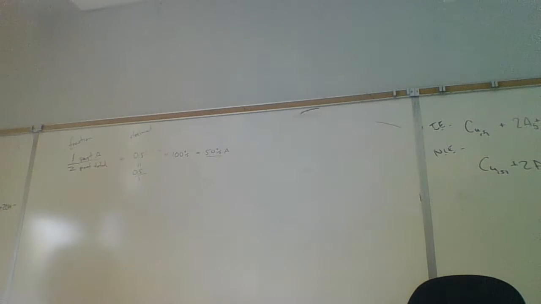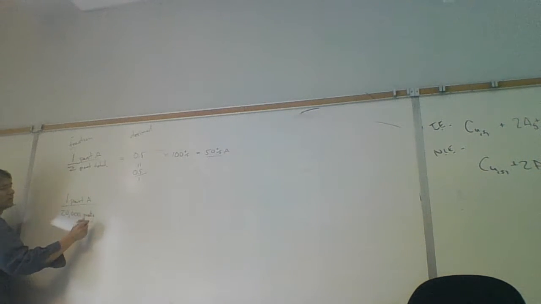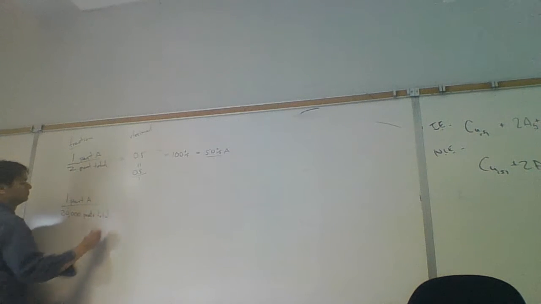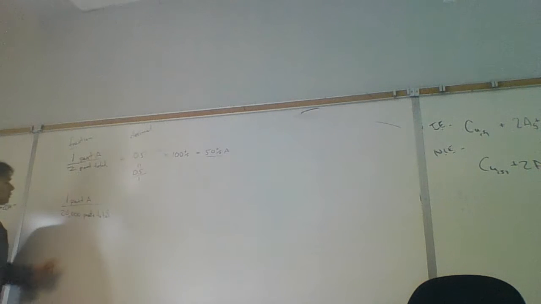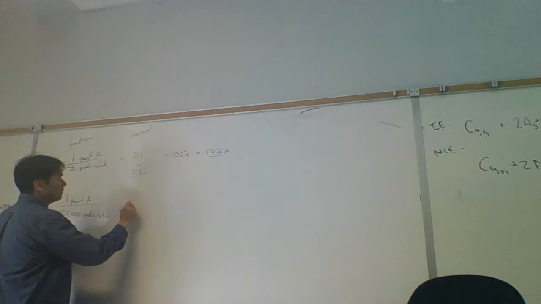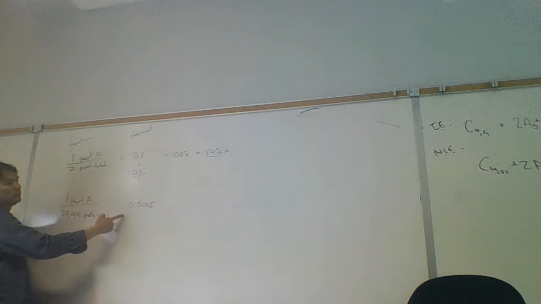But let's say it was significantly more dilute. So rather than 1 part out of a total of 2 parts, let's do 1 part out of a total of 20,000 parts. This is very dilute. So 1 part of A out of 20,000 parts would be 0.00005, or 5 times 10 to the minus 5.